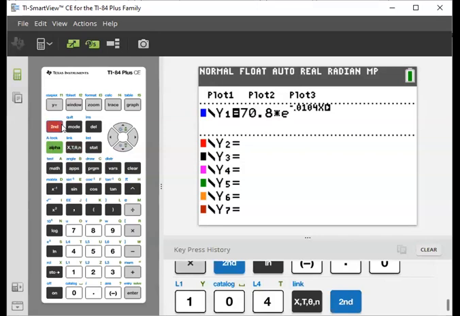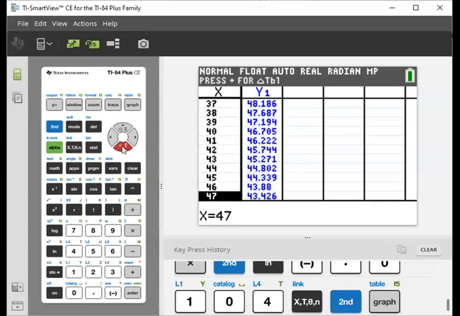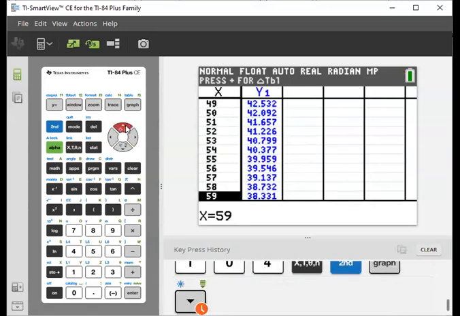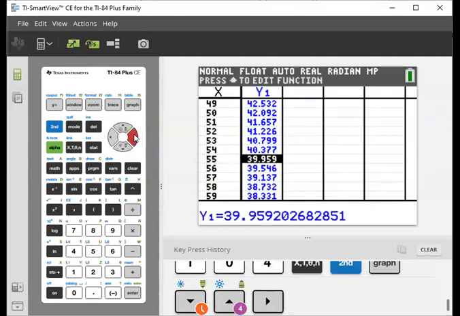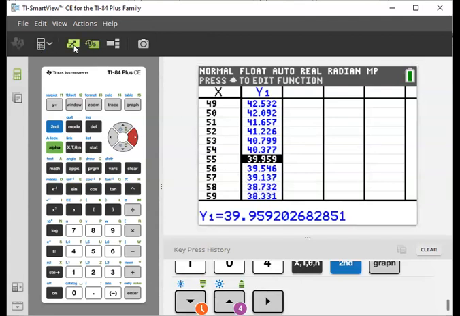So then I can go to my table and I'm gonna have to scroll way down to 55. It says that 55 is 39.959. And they want me to round that to one decimal place. So that would round up to 40. And 58, 38.732. So it's going to be 38.7.